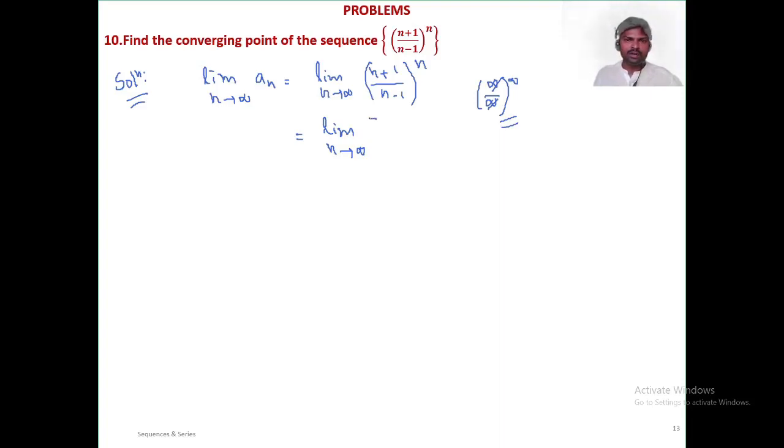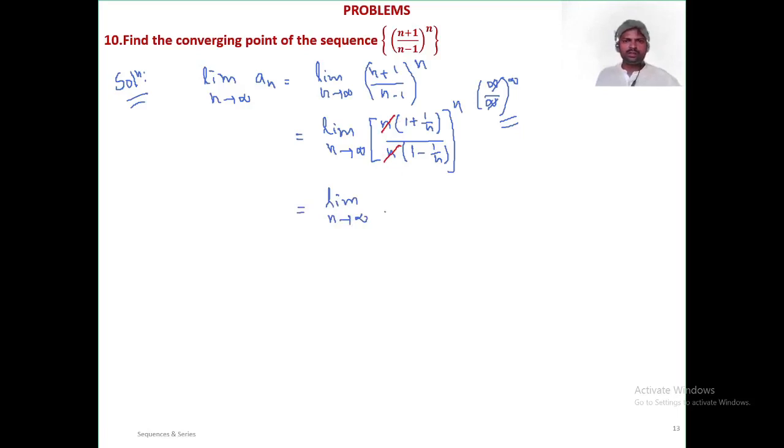So what I am doing is, look at the inside carefully. Inside, you take n common from the numerator. What will you get? 1 plus 1 by n. Similarly, from the denominator, n is common, 1 minus 1 by n. Okay, just one n I have taken common from the inside. Then next step, limit n becomes large. So these two n's cancel out, right?